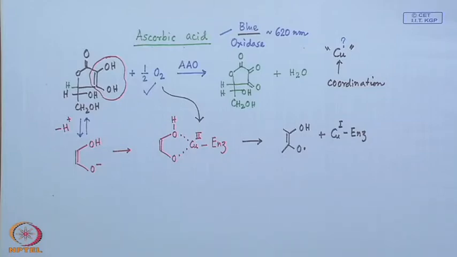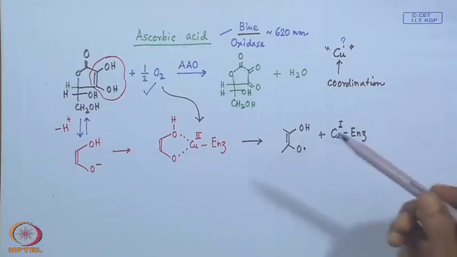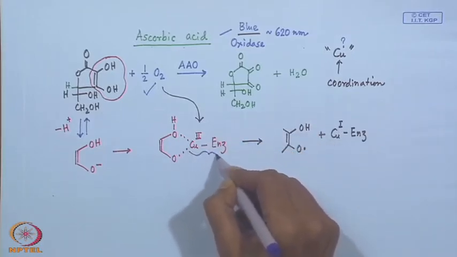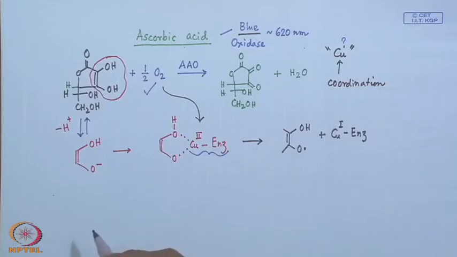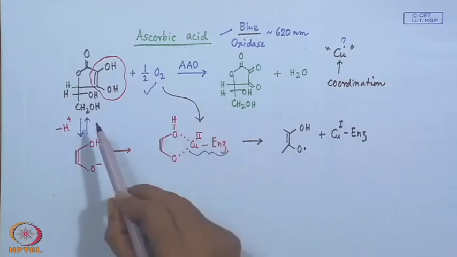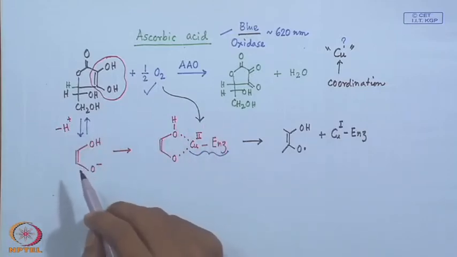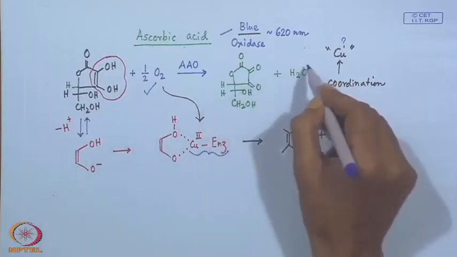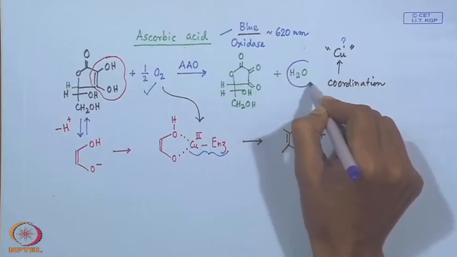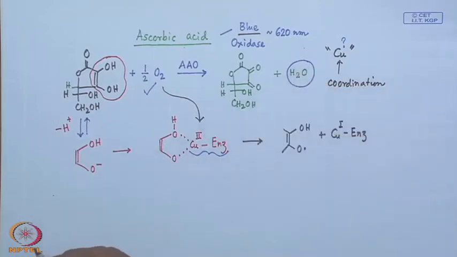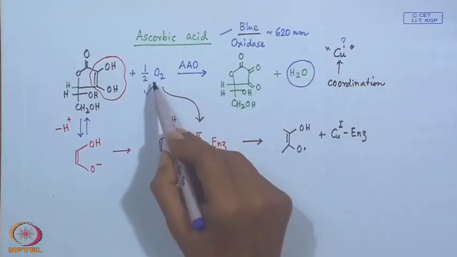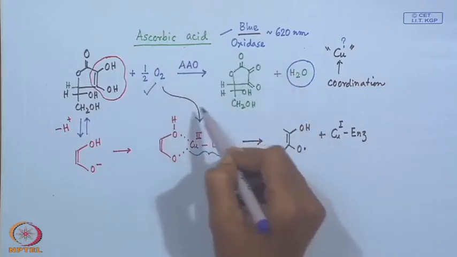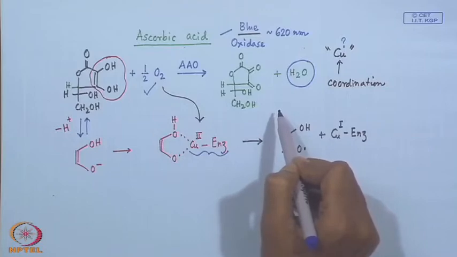So, this we can study. How this copper metalloenzyme is attacking the ascorbic acid or the ascorbate anion. And if we can look at what our product is, because in some cases we will find that the fate of this dioxygen molecule can either be a water molecule or it can go on to produce hydrogen peroxide.